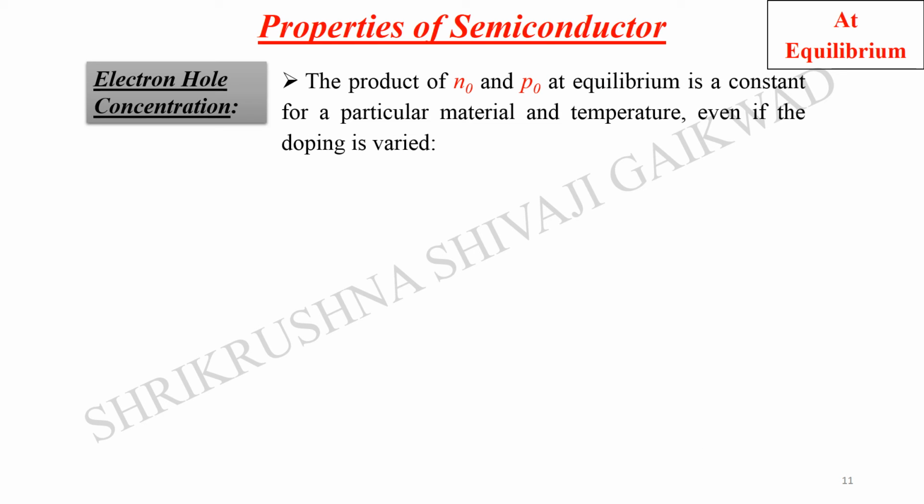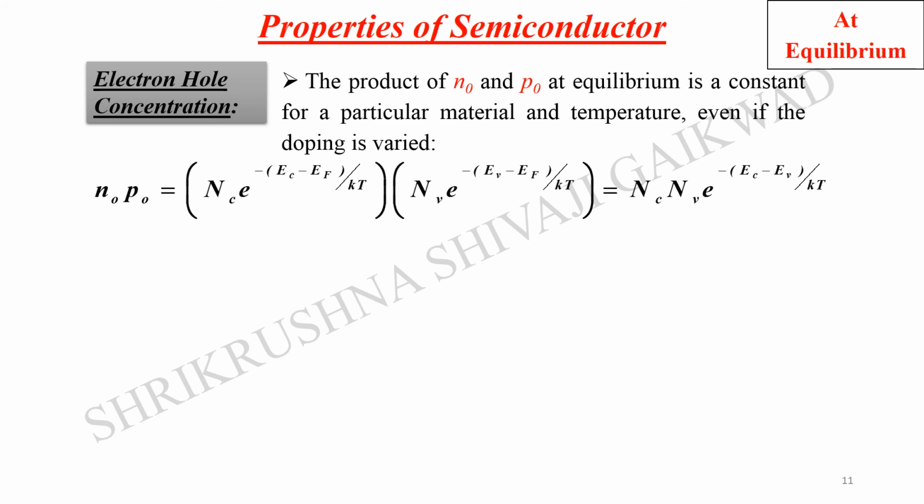The product n0 p0 at equilibrium is a constant for a particular material at a particular temperature. Even if the doping is varied, take the product n0 p0, where n0 is NC exp(-(EC - EF)/kT) and p0 is NV exp(-(EV - EF)/kT).